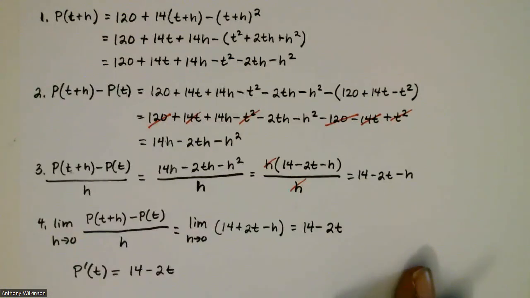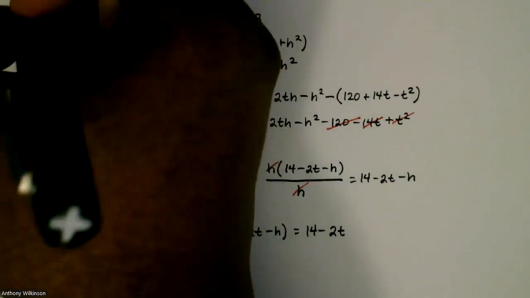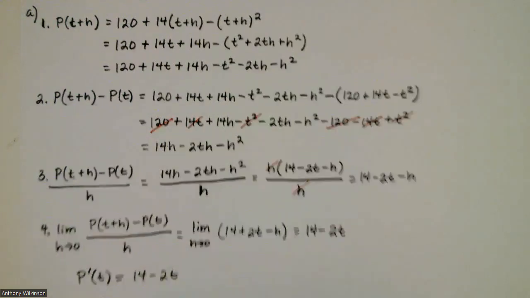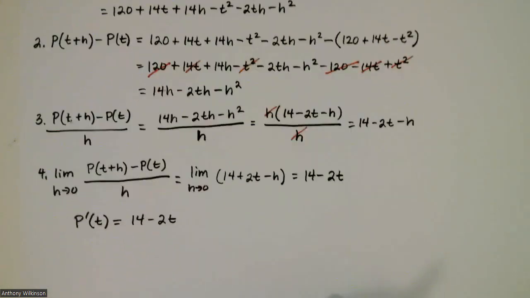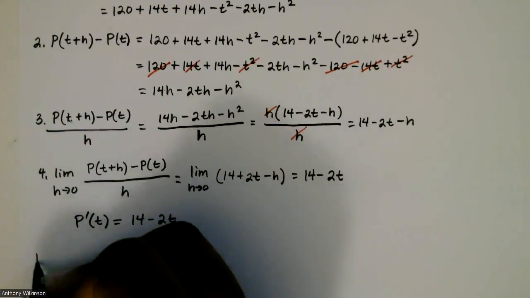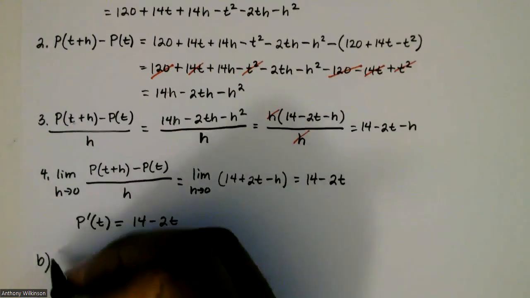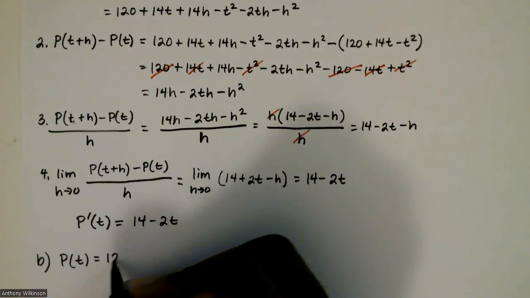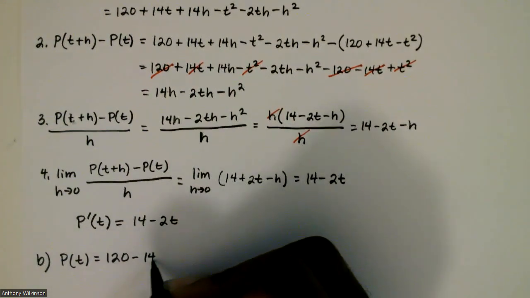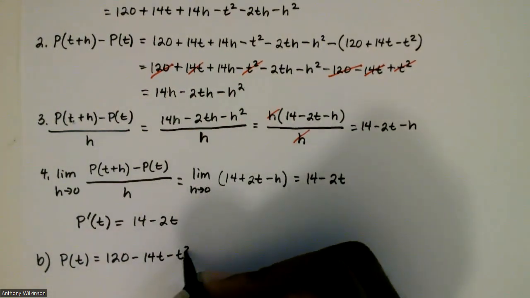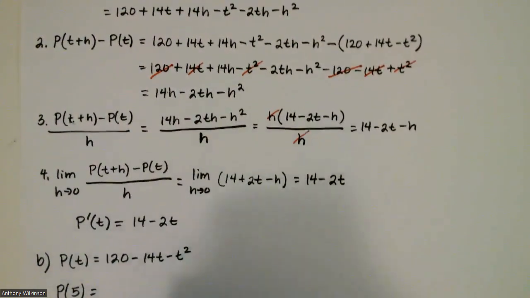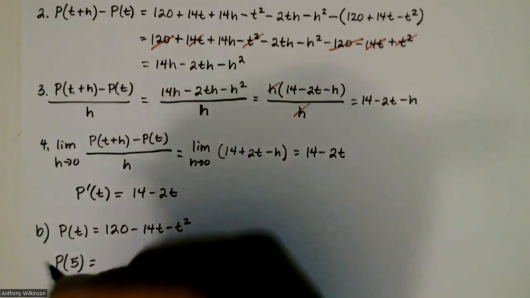All right. So what I did here was just part A. Part B is to find P of 5 and P prime of 5. All right, so part B, my P of T was 120 plus 14T minus T squared. That's the original function. So P of 5, we just substitute our T with 5.